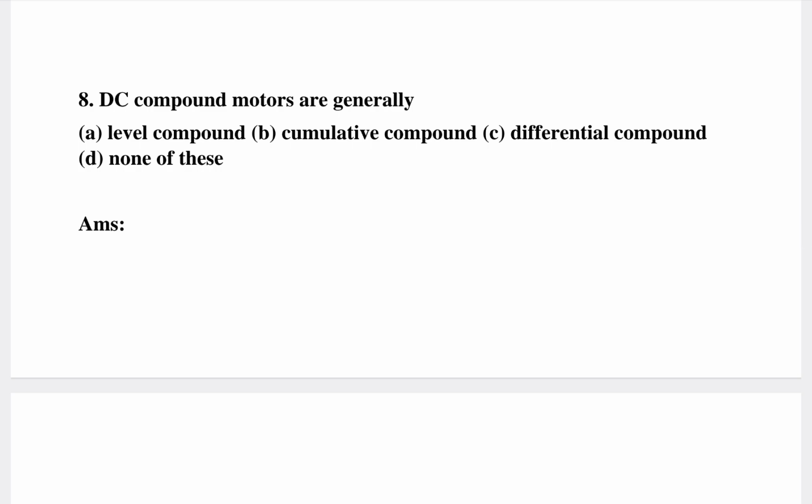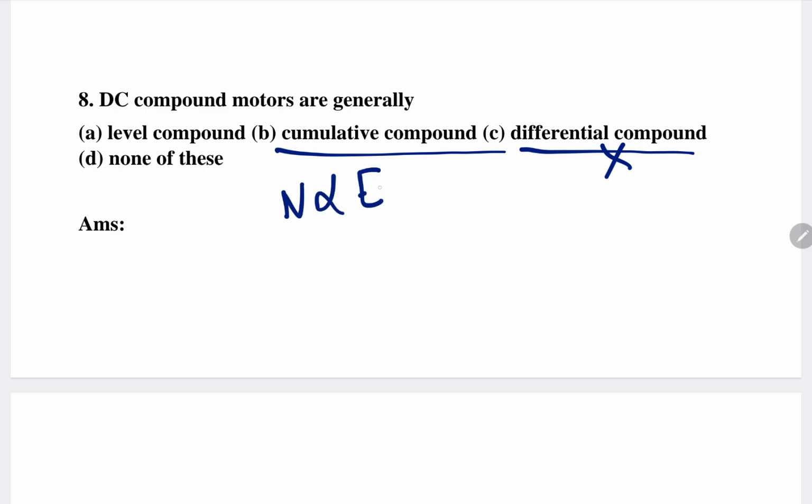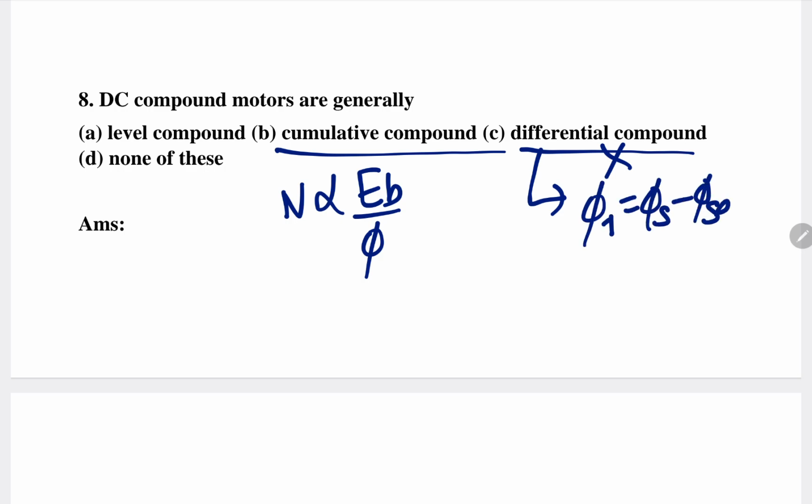DC compound motors are usually cumulative compound motors only. Why not differential compound motors? We know N is proportional to Eb by phi. In case of differential compound motor, total flux is equal to phi SH minus phi SE.